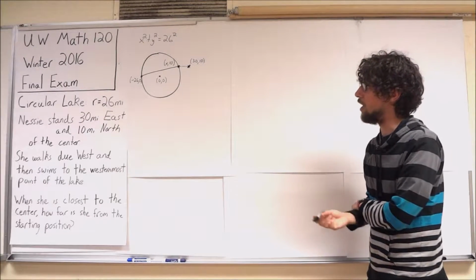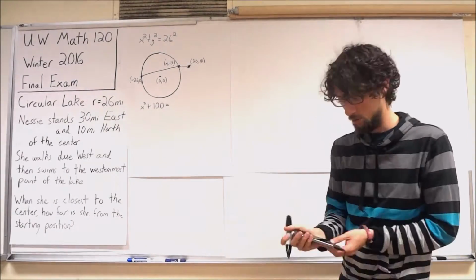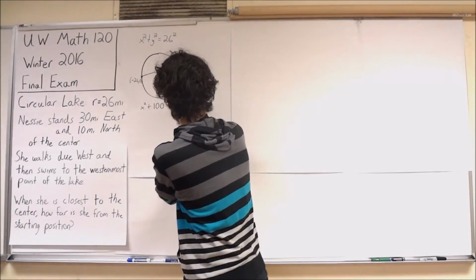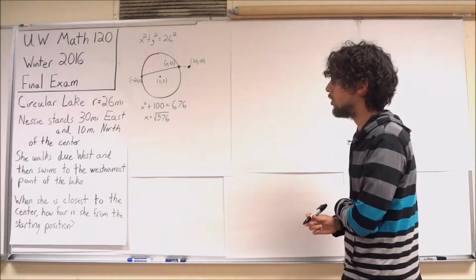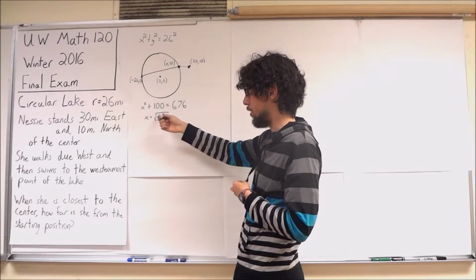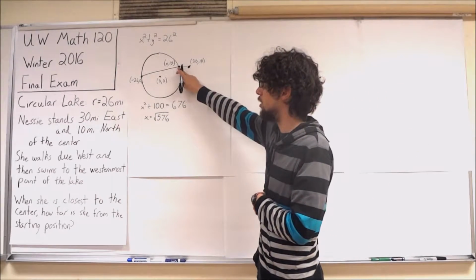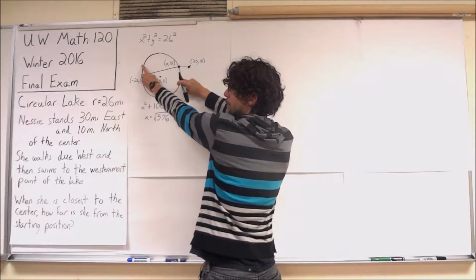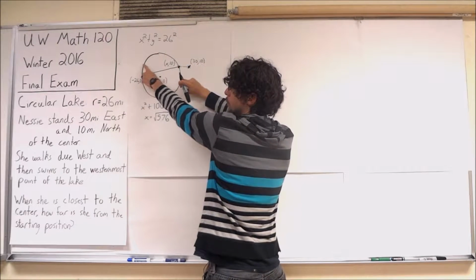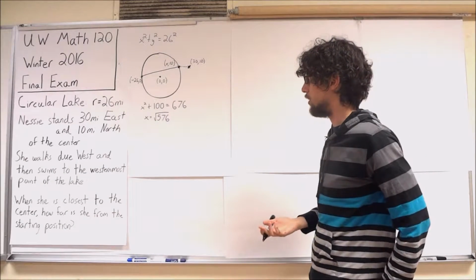What I find then is that in theory x is plus or minus root 576, but based on the picture, I know that I'm not interested in this point over here. I'm interested in this one over here. So x is positive root 576.